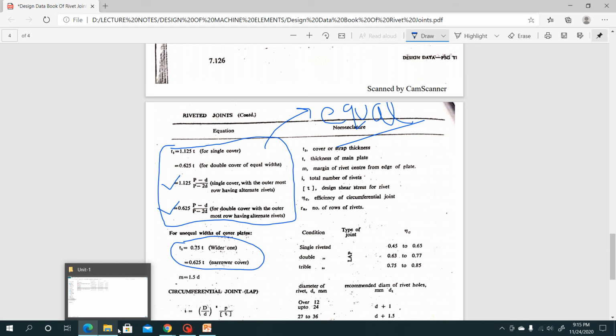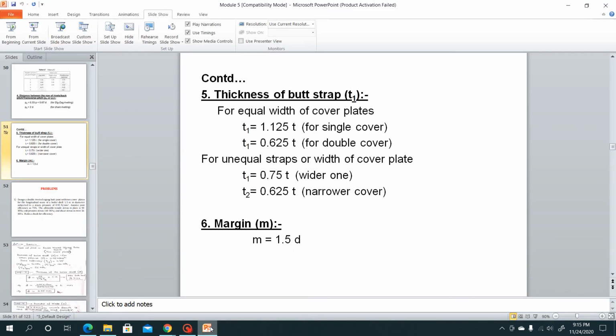So this was the fifth step, and the last step in the design process of this longitudinal butt joint is to calculate the margin. And I know that margin is nothing but 1.5 times the shank diameter.